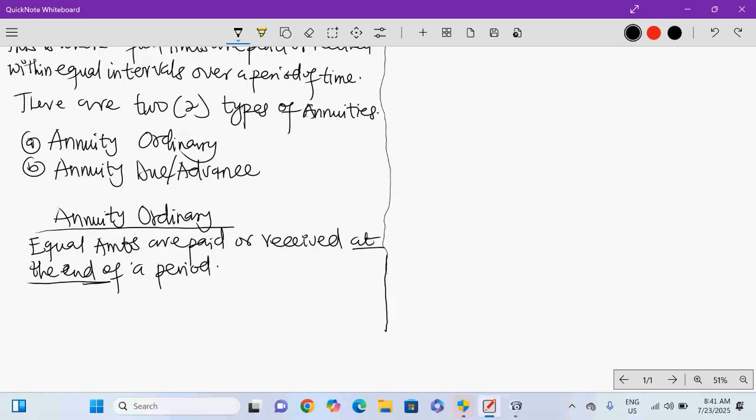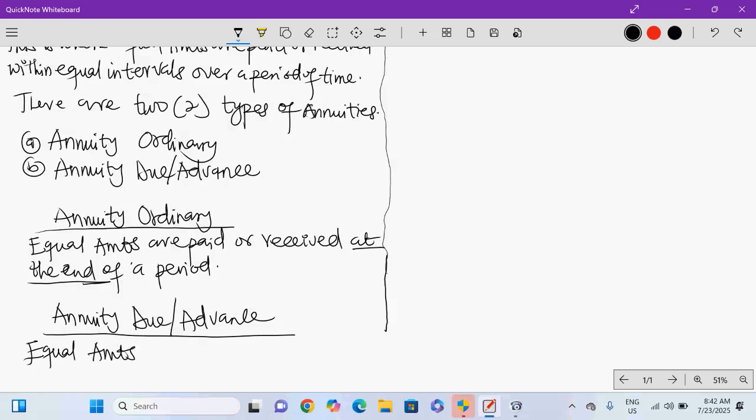Good. So now let's go to the annuity due or the annuity advance. Here, this is where equal amounts are paid or received at the beginning of a period.